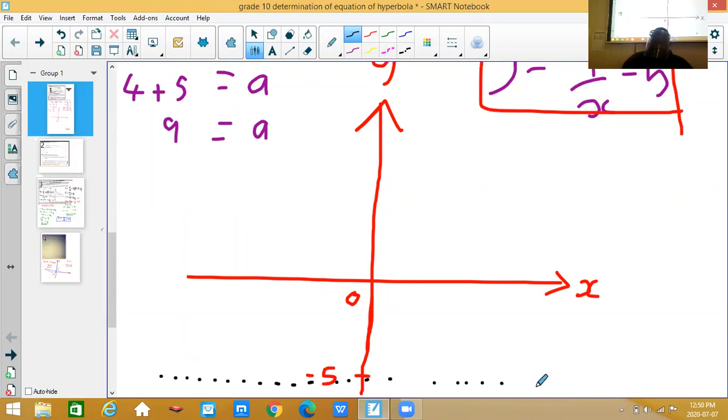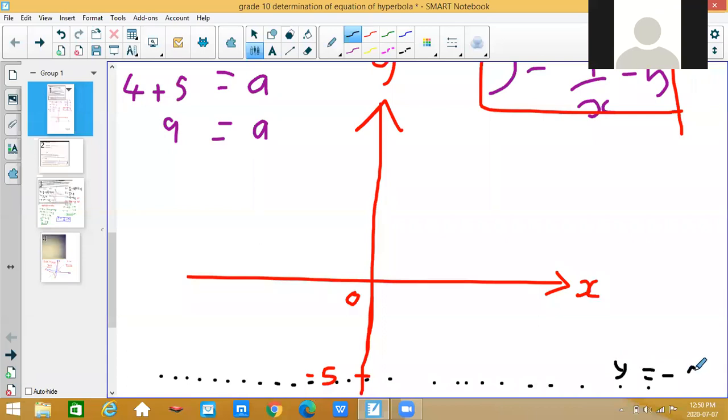The equation of this line is y is equal to -5. One part which you need to know, right?